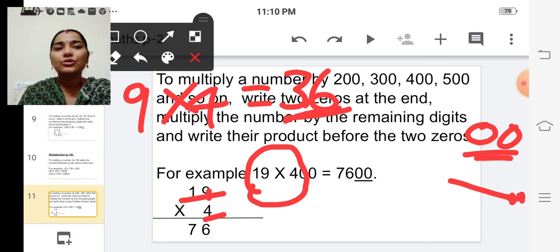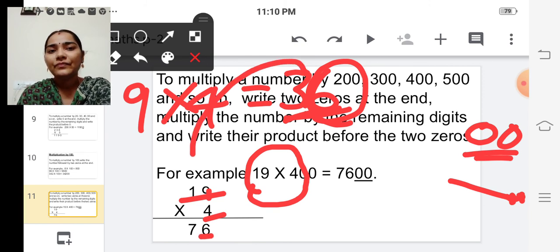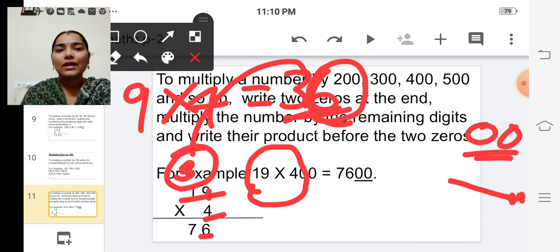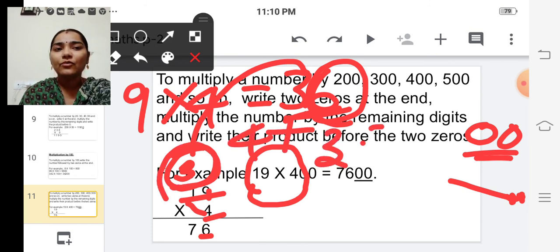So we are having a 2-digit number, isn't it? So we have to write this ones digit in the answer and we have to carry over this 3 to the next place. So in the next step, multiply this 1 and 4. 1 four is 4. And we have to add this carried over number. 4 plus 3 is 7.